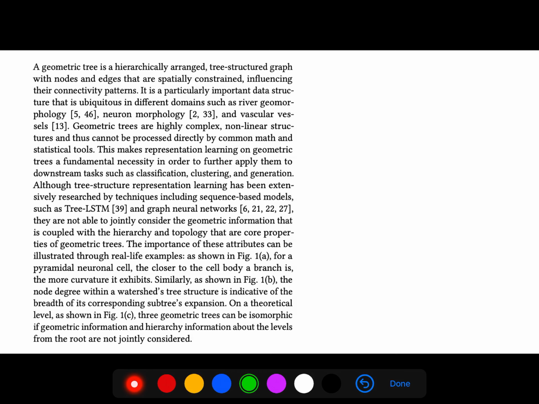So a geometric tree is a hierarchically arranged tree-structured graph with nodes and edges that are spatially constrained, influencing their connectivity pattern. It is a particularly important data structure that is ubiquitous in different domains such as geomorphology and neuron morphology.